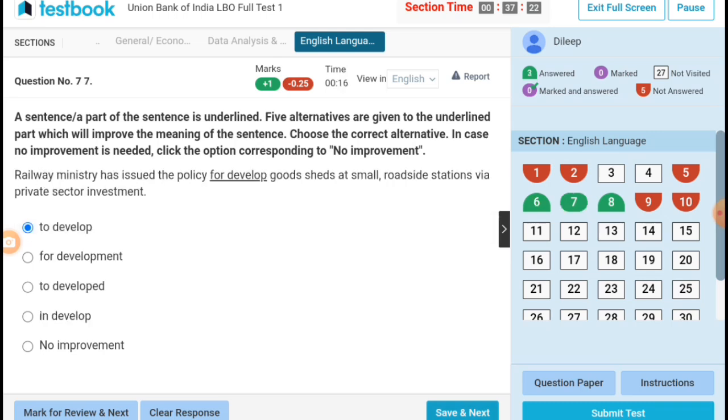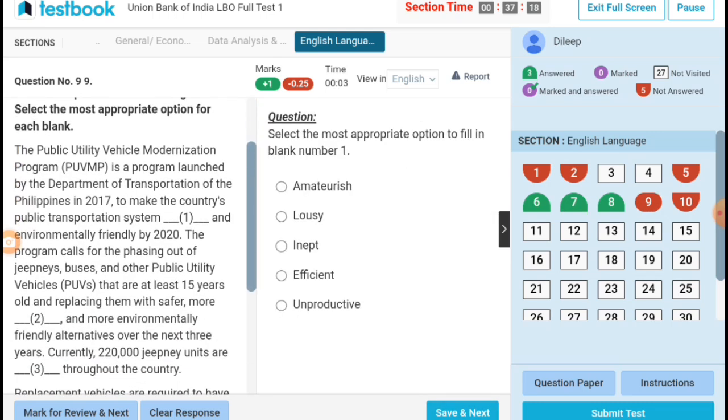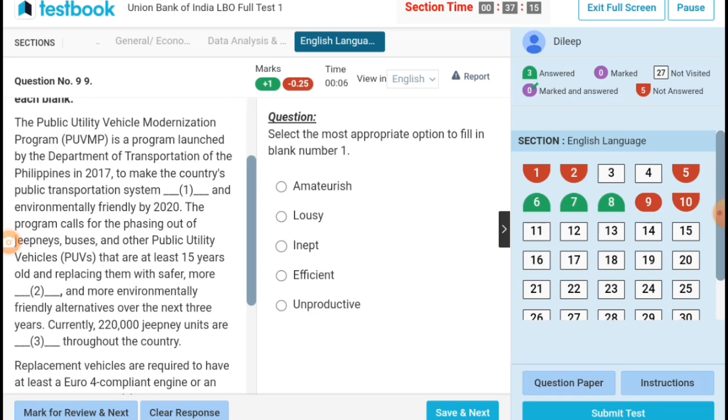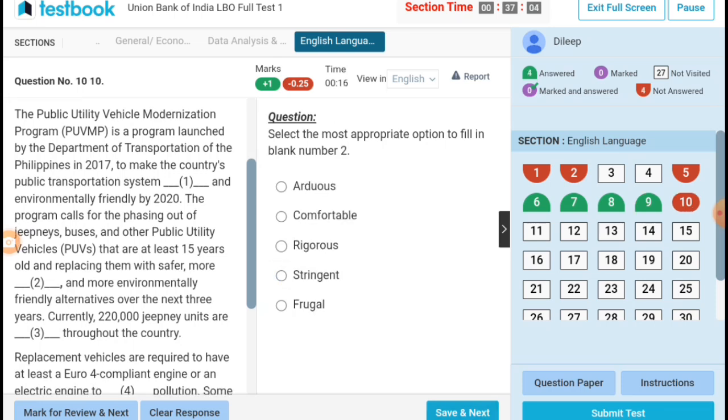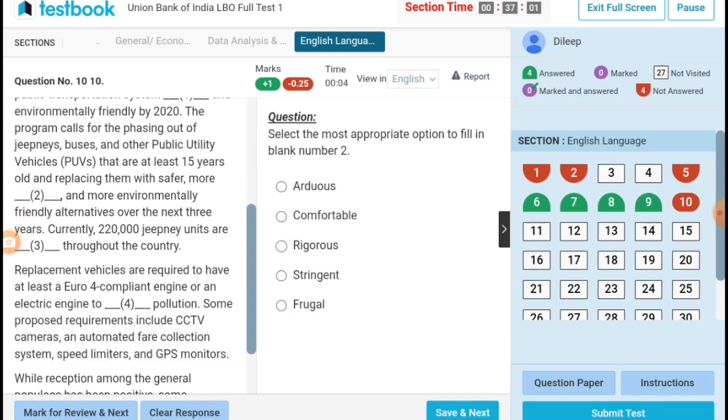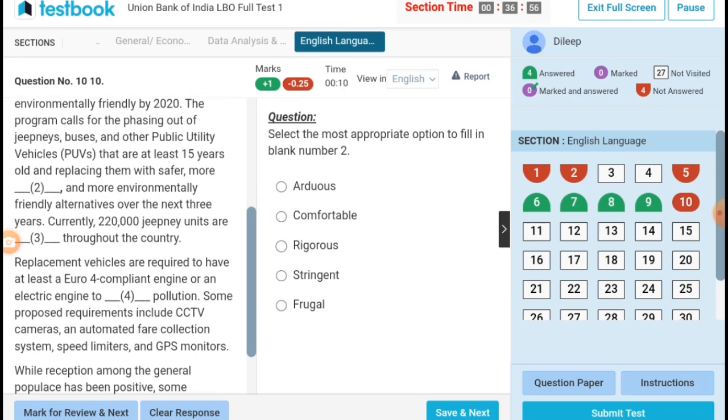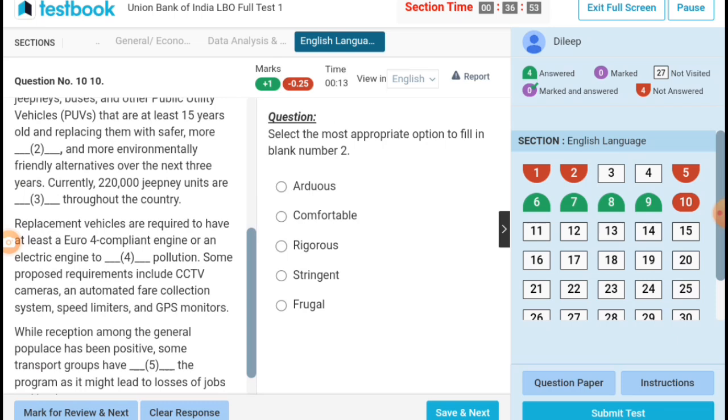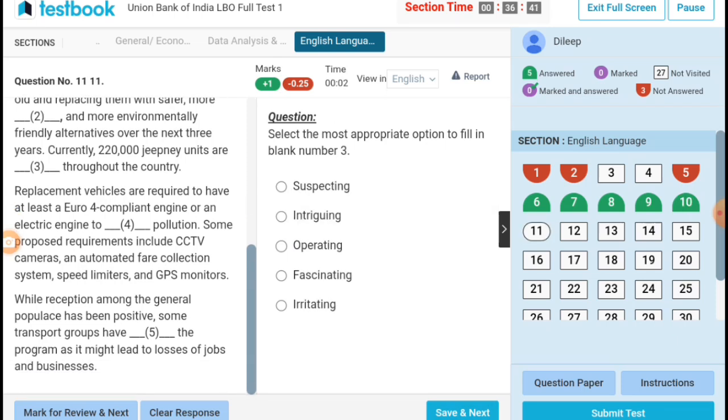has remained, I think. The Public Utility Vehicle Modernization Program is a program launched by the Department of Transportation of the Philippines in 2017 to make the country's public transportation system efficient and environmentally friendly by 2020. The program calls for the phasing out of jeepneys, buses, and other public utility vehicles that are at least 15 years old and replacing them with safer, more comfortable, and more environmentally friendly alternatives over the next 3 years.